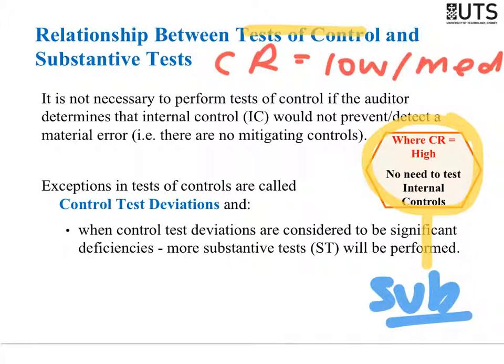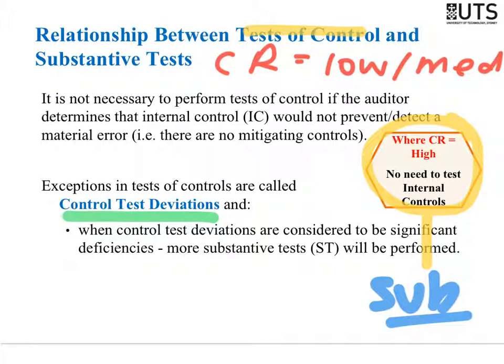Now, here's the thing that I was mentioning earlier. You've got to be really mindful of this: it is possible for you to assess controls as being good and therefore assess them as low or medium, go ahead and test them and realize they don't work. In that situation, and I would like everyone to highlight this term because it will come up again later, where you test the control and you realize it doesn't work, it's called a control deviation.